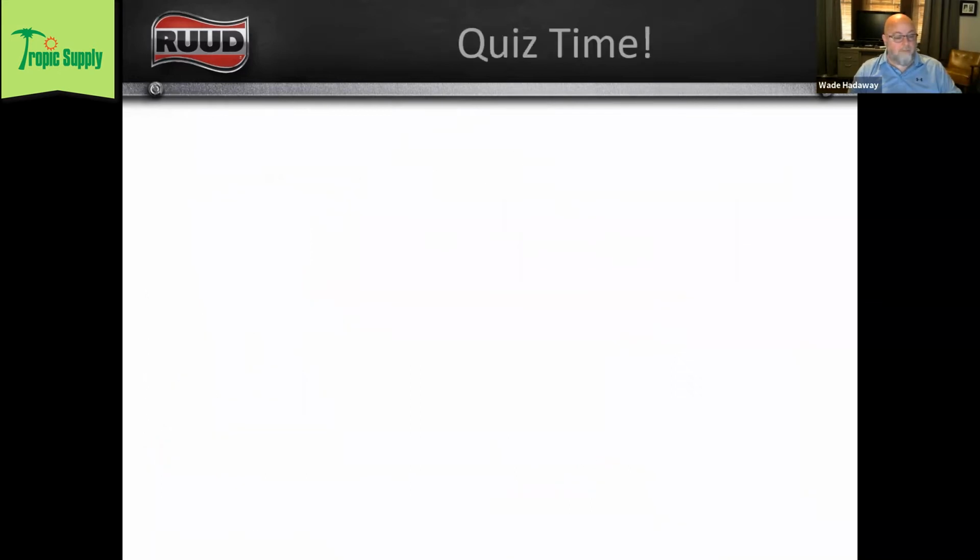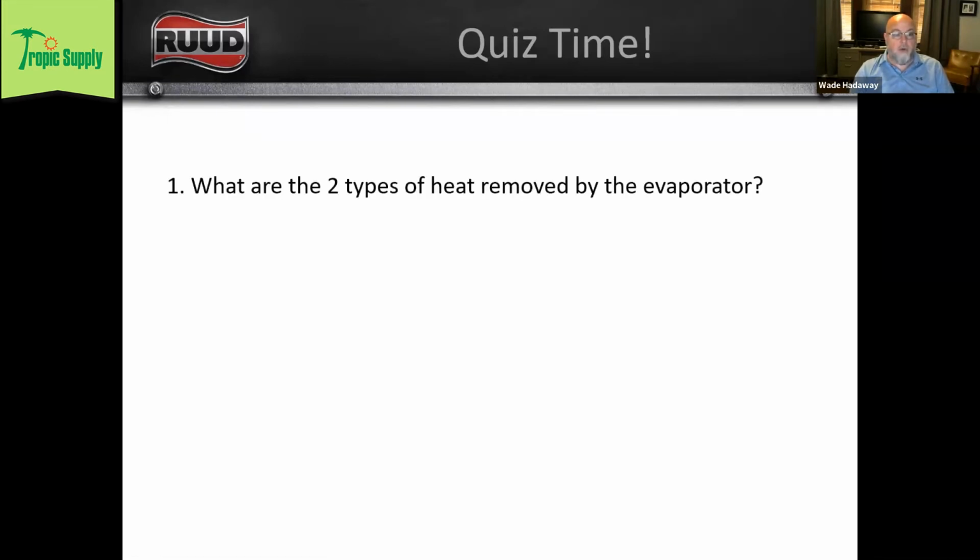Right, so it's time for our first 2 questions. We're a little bit ahead of schedule, which is good. Again, you're going to answer these by going to the chat window, and the first correct answer is going to get it. So what are the 2 types of heat removed by the evaporator coil?